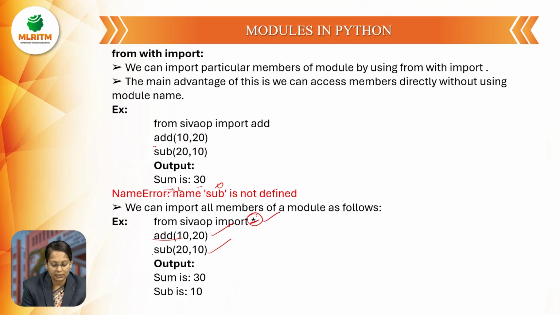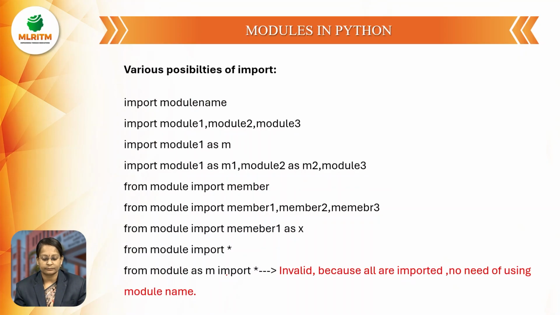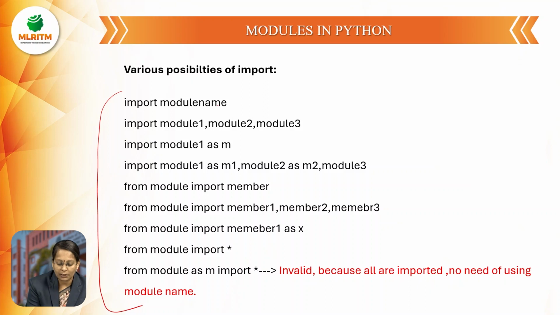Add is one function name, sub is one function name. So we imported everything from shivaop, and that's why we got the results 30 and 10. So these are the different possibilities for importing the functions and variables from a module: import module name.